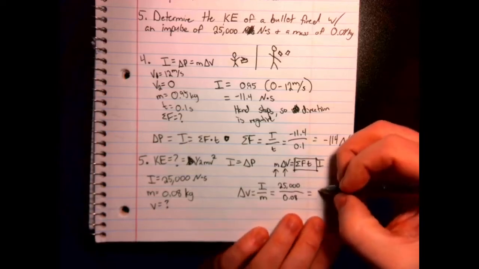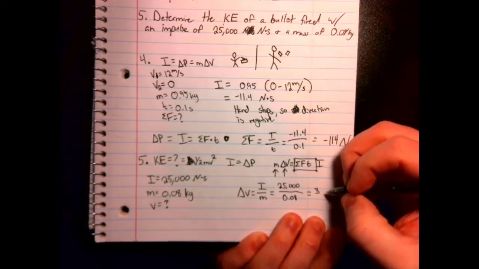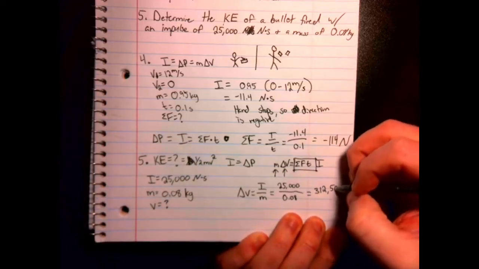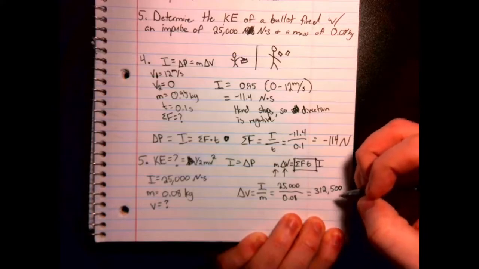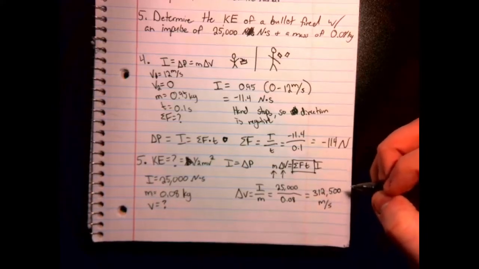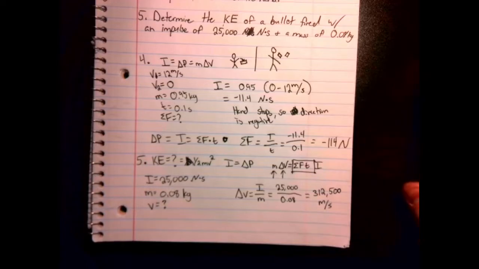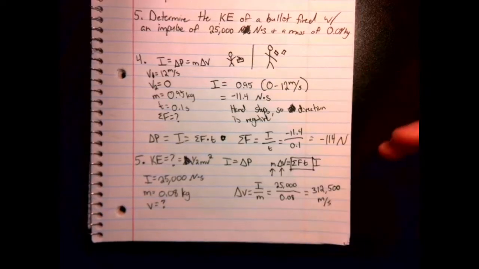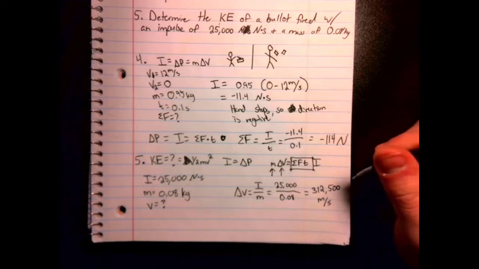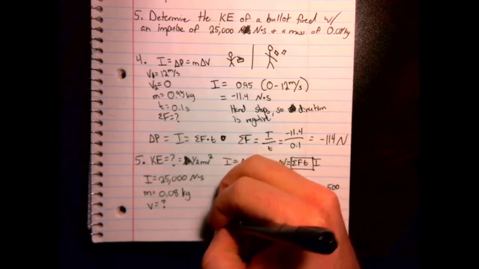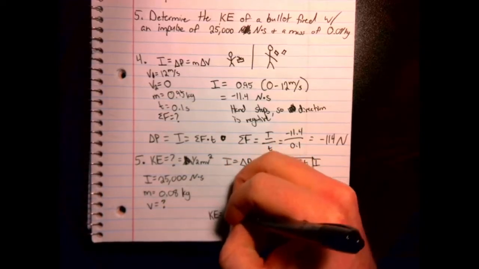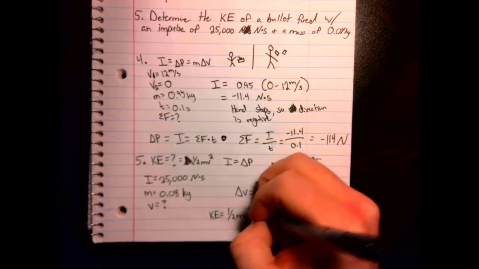We get a very large number that is very unrealistic, 312,500 meters per second. Definitely not going to be accurate, but we don't need to worry about that for this problem. We're just going to continue solving it through. So that's our velocity. So our kinetic energy at the end here is 1/2 mv squared.